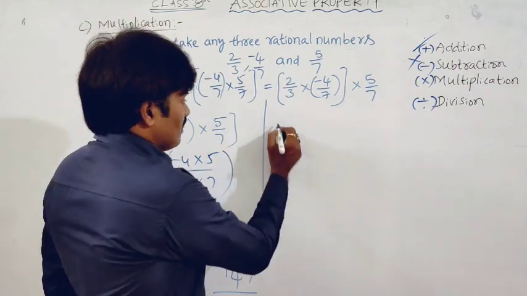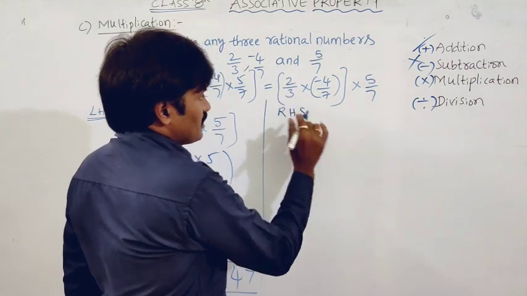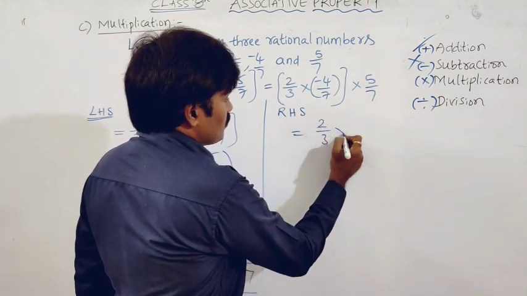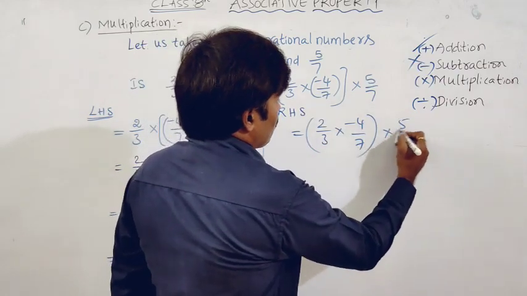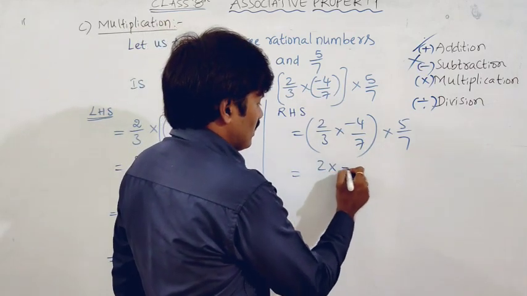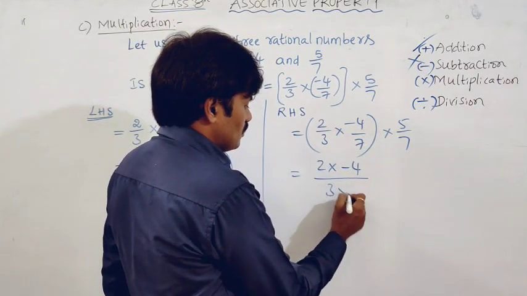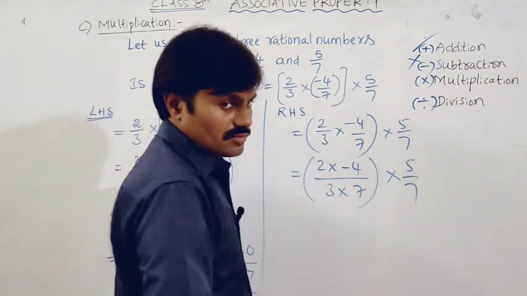Let us check. So RHS is equal to, first simplify the bracket. So 2 by 3 into minus 4 by 7. Then we have to multiply by 5 by 7. Now 2 into minus 4 by 3 into 7, into 5 by 7. Okay, clear?